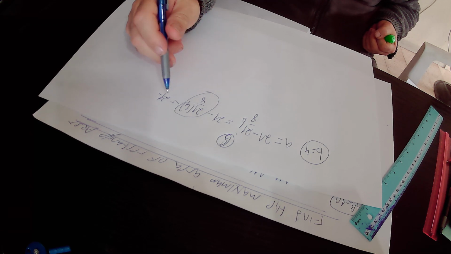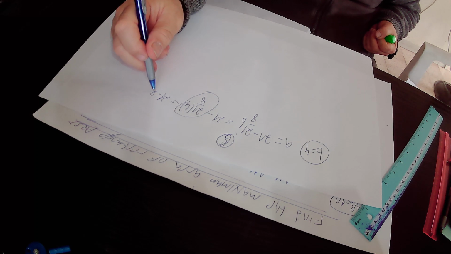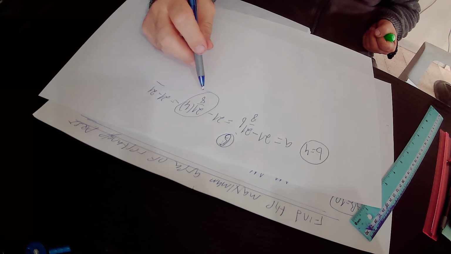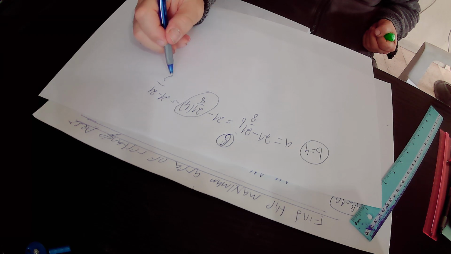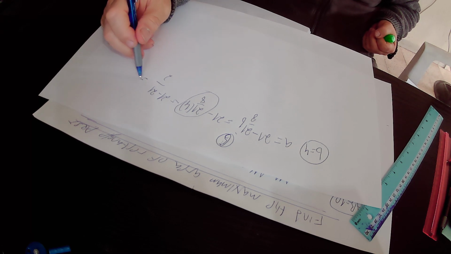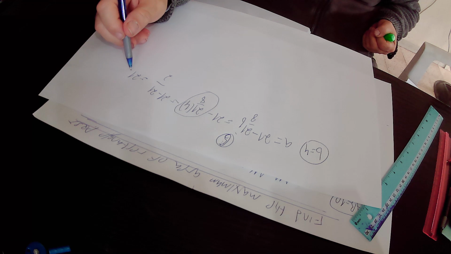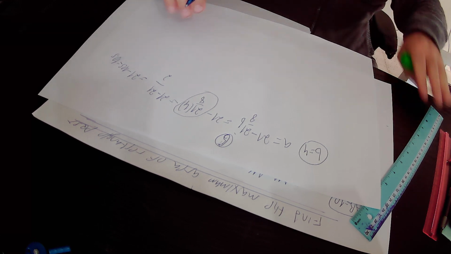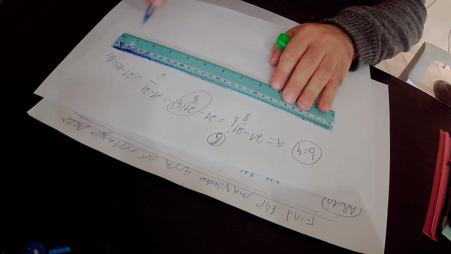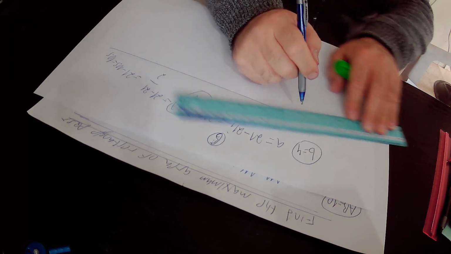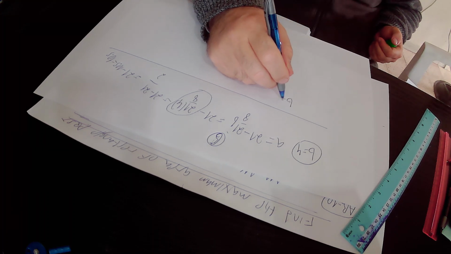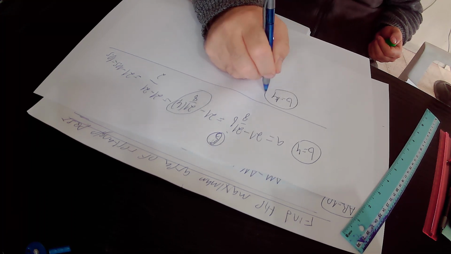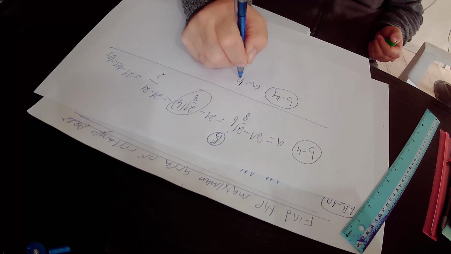4 over 4 is 1, so in the numerator we are left only with 21, divided by 8 over 4, which is 2. So the length A equals 21 minus 21 over 2. 21 over 2 is 10.5. So the length is 21 minus 10.5, that is 10.5. So we found that when the width B equals 4, the length A equals 10.5 units.